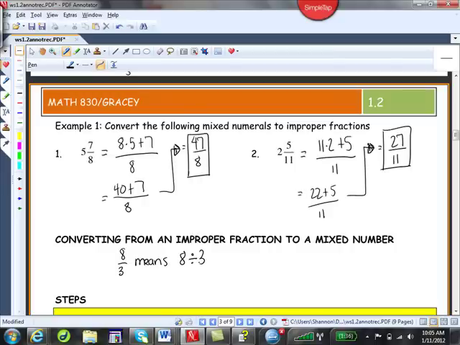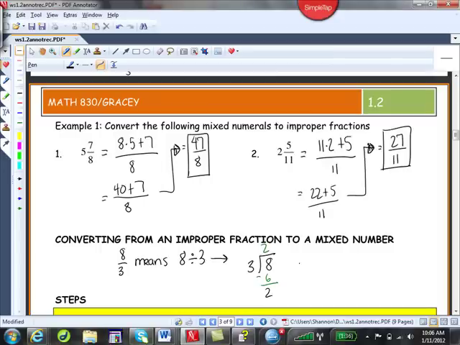All right? So what you can do here, remember, the dividend goes in the house, the divisor goes outside the house. How many 3's are in 8? I believe we've got 2 3's in 8. Then you do 2 times 3 is 6. Subtract. We're going to end up with a result of 2.